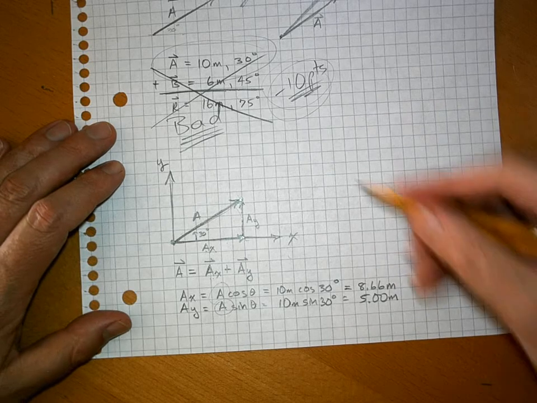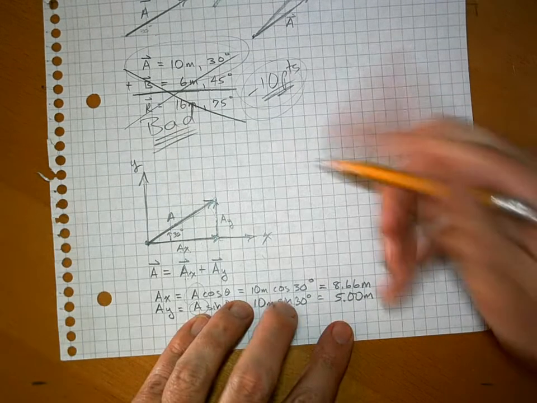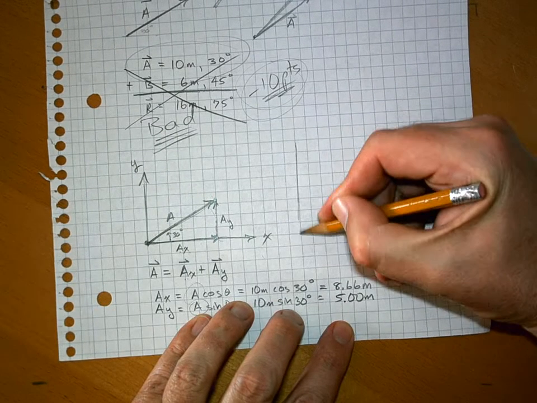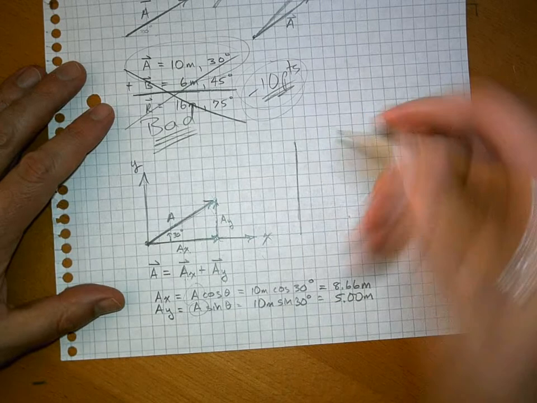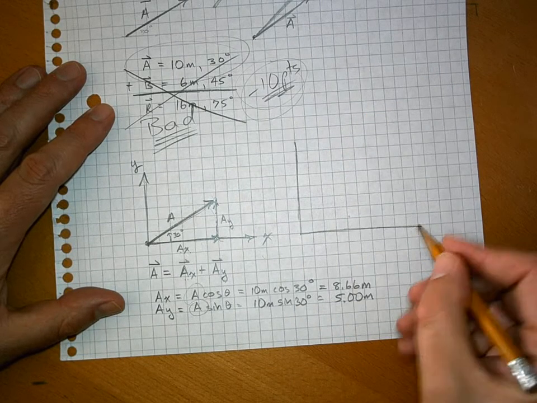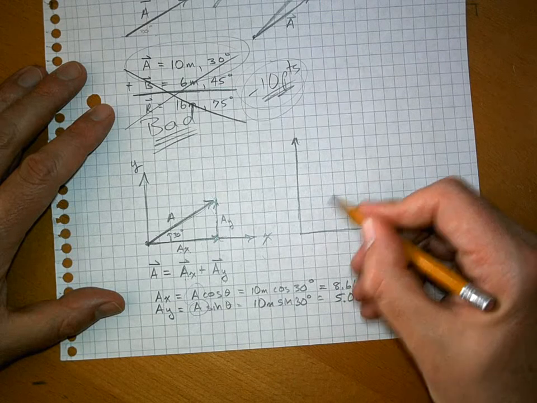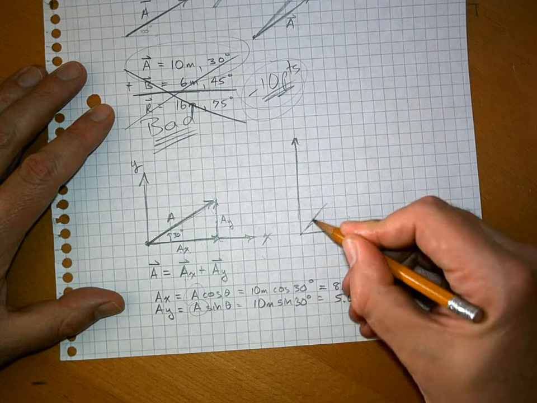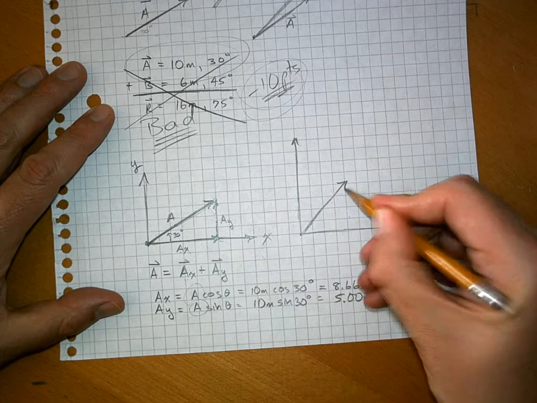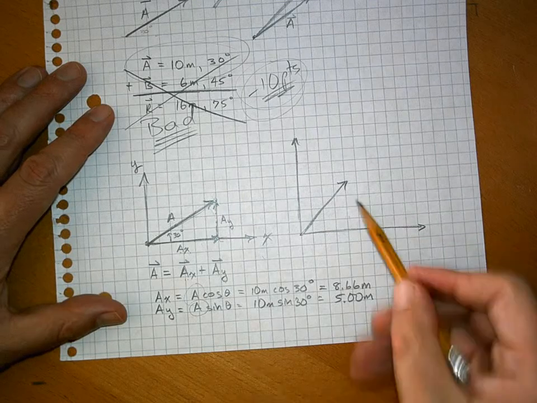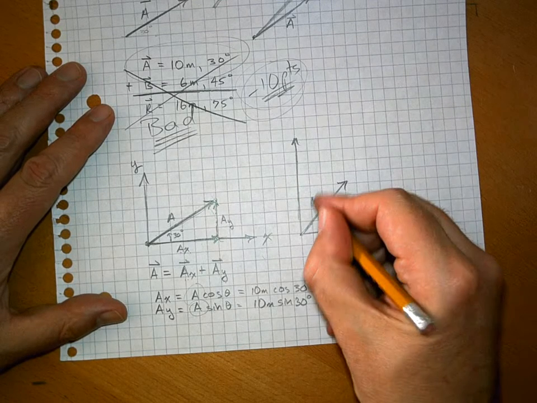I can do the same thing for vector B. Let's do that. Now, of course, when you get used to this, you don't have to draw the XY axis every time for every vector, but for right now, let's just do that. 45 degrees. And, well, I drew it a little too long, but that's okay. It's 6 meters.